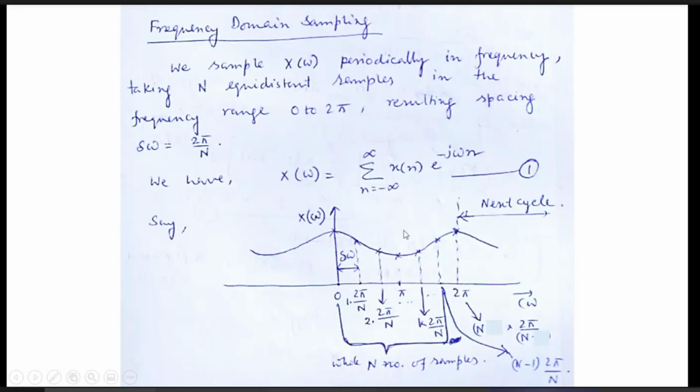After that it is the next cycle. So we take only these samples at discrete points of the frequency domain representation of the original signal x of n. First we sampled the signal, then we took the DTFT, then we again sampled it in the frequency domain, and we get the DFT.